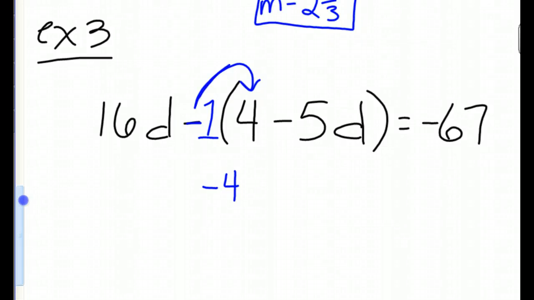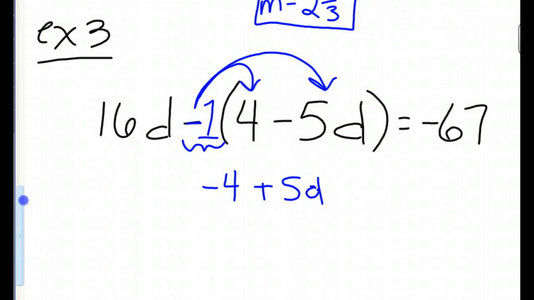A -1 times a -5d is going to get us positive 5d. So let's review. When there's nothing written there, when it's just a negative there, we can pretend that there's a 1 here. It's an invisible 1. So negative times a positive is a negative. Negative times a negative is a positive.